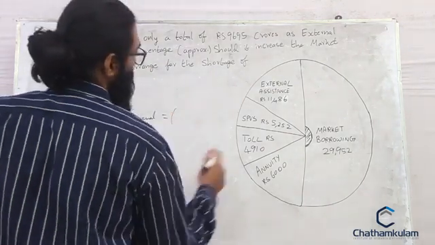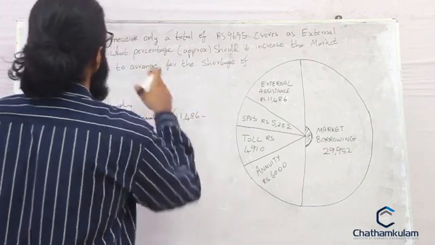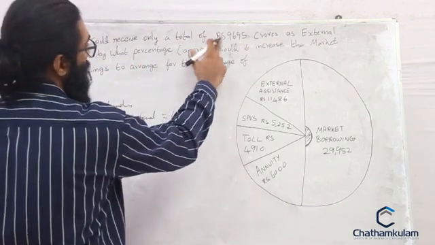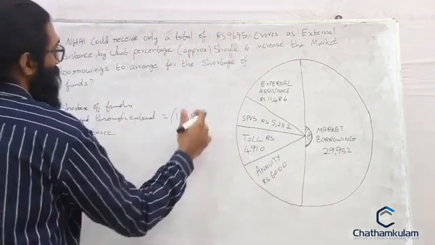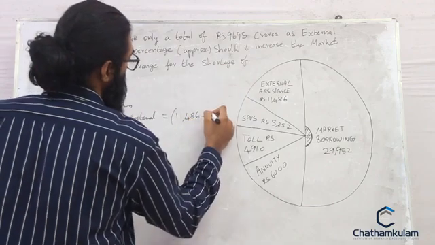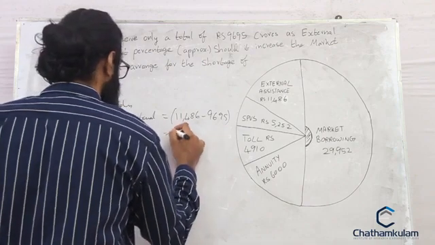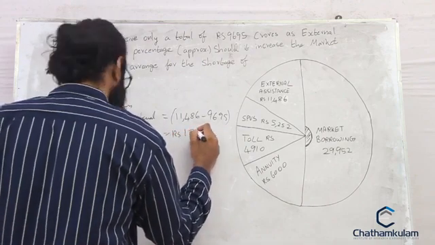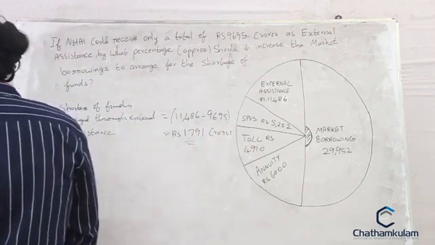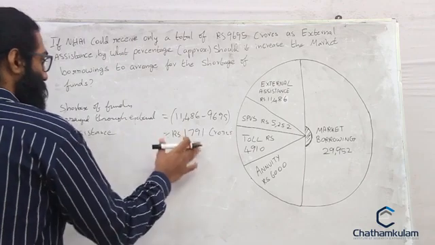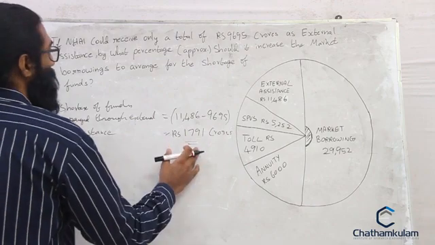What is the external assistance here? It's 11,486 minus, NHAI could receive only a total of rupees 9,695. So this is the shortage. 11,486 minus 9,695, which is equal to rupees 1,791 crores, right? So this is the shortage, and so this amount is the increase required, right?